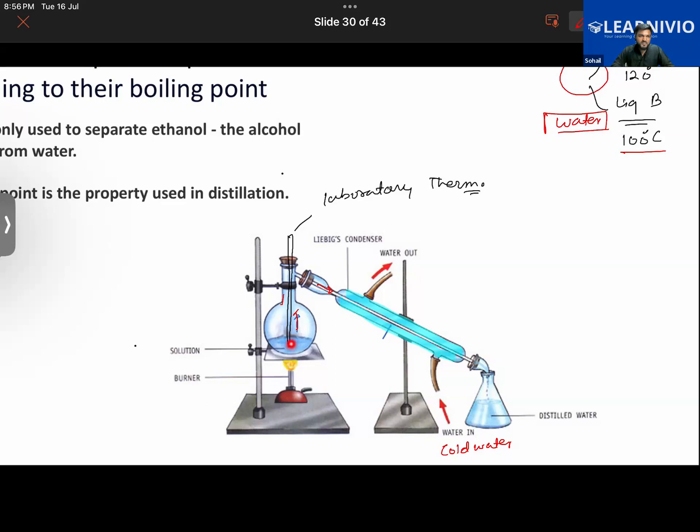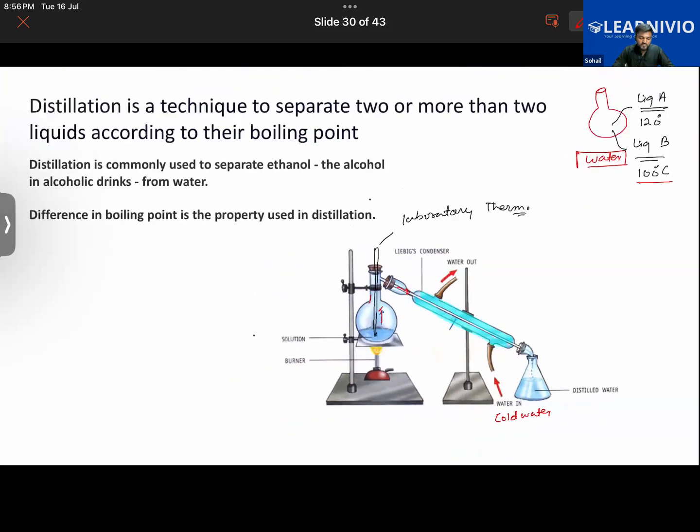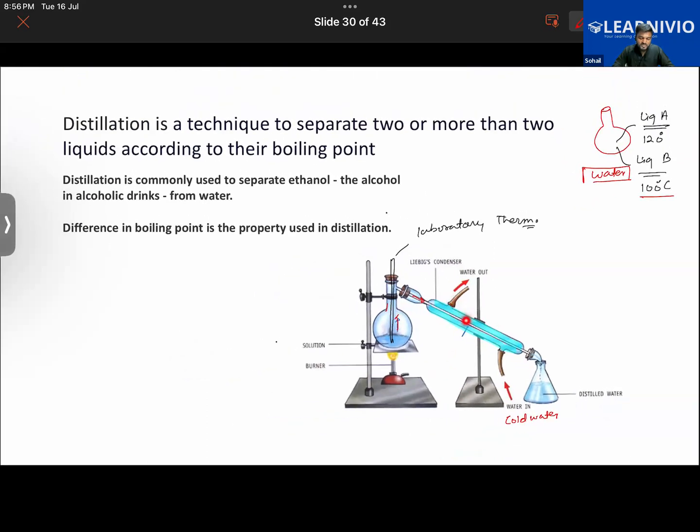Sir, what will happen if we keep it at 130 degrees Celsius? Both liquid B and liquid A will go into this structure, both of them will be cooled down, and both of them will fall into this glass flask.